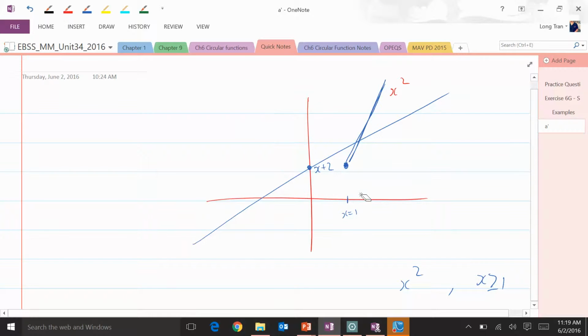I'm just going to sketch from there onwards. That's my parabola. Let's say I only want to sketch the straight line equation from where it hits the y-axis, just from this point all the way down. That's all I want to do.